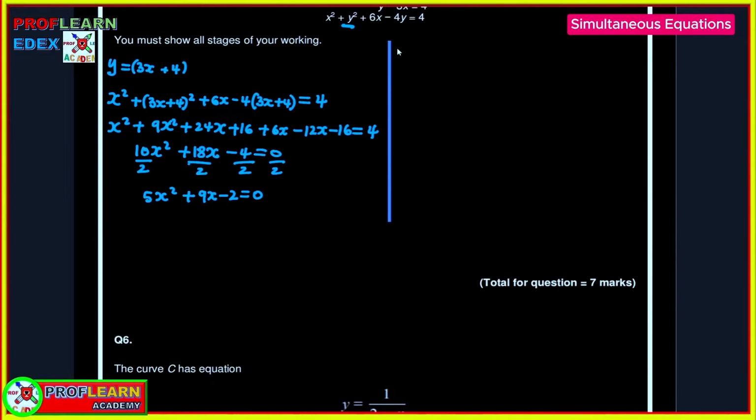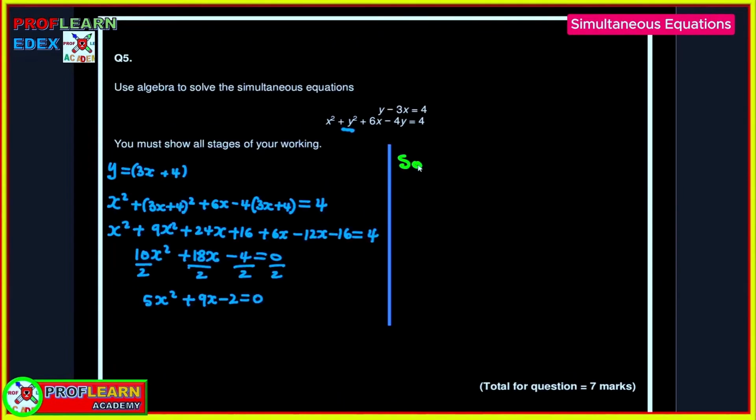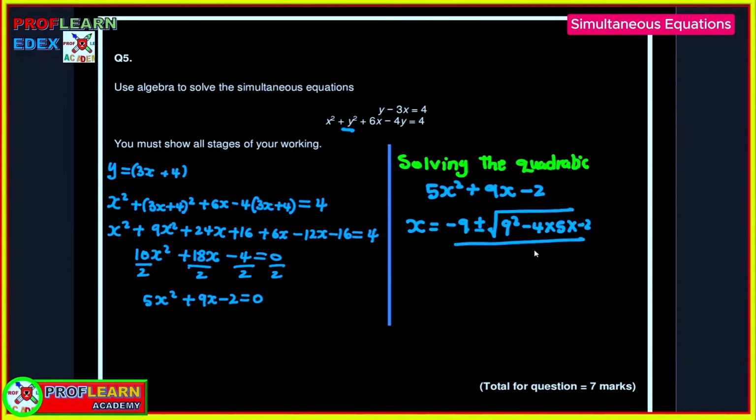At this point, we can solve this quadratic equation using the formula that you are comfortable with. So it's good that you write a few steps of solving that quadratic, so that you can put it in your calculator and then get the value of x, in this case being equivalent to 1/5, or x equals -2.